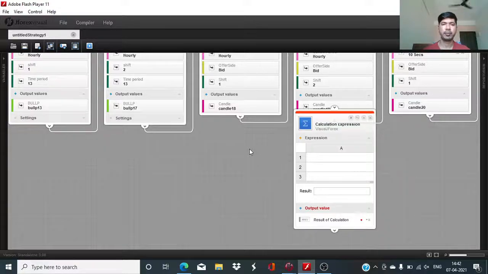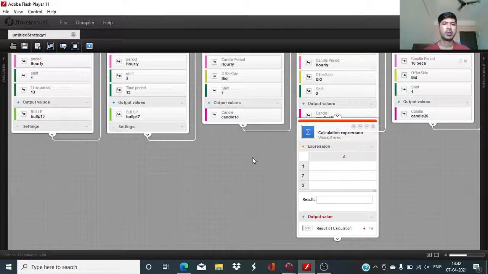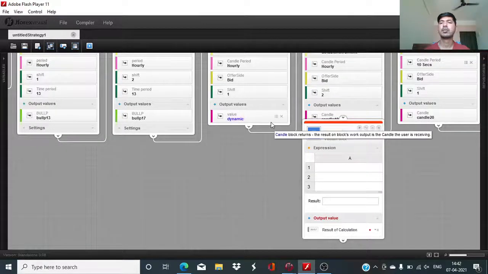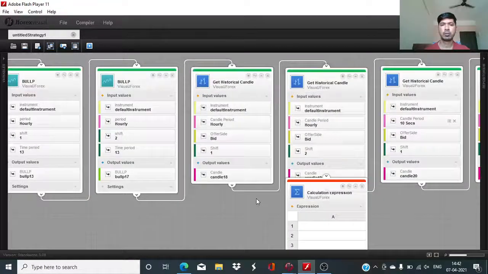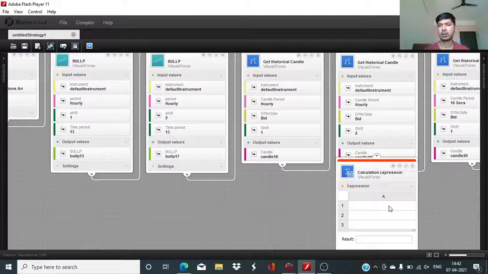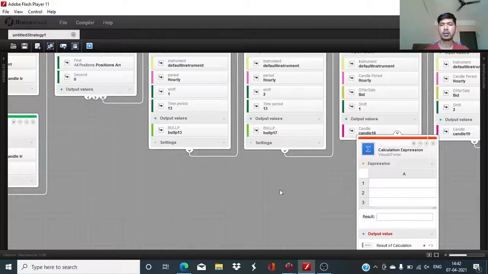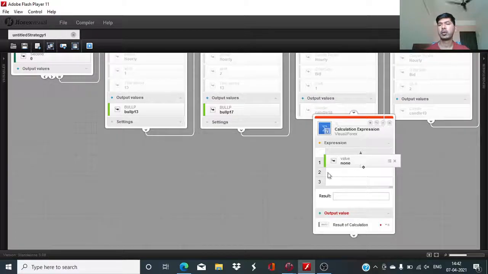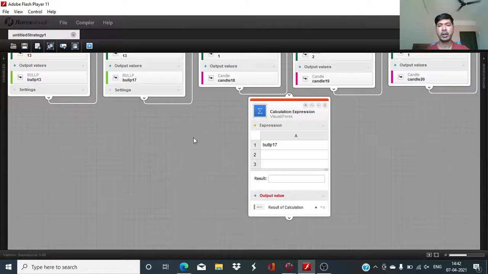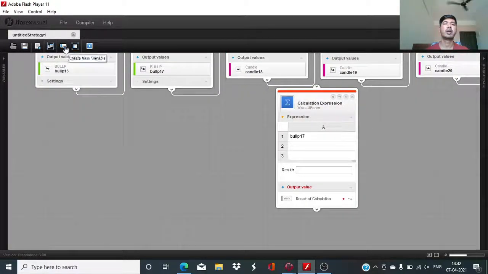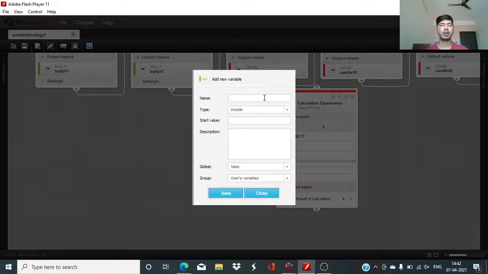And yeah, oops, this should be power 17. Okay, and it needs to be multiplied by a new variable. I'll create a new variable, and it will be named twice full power condition.